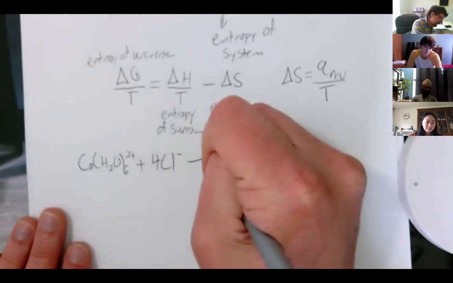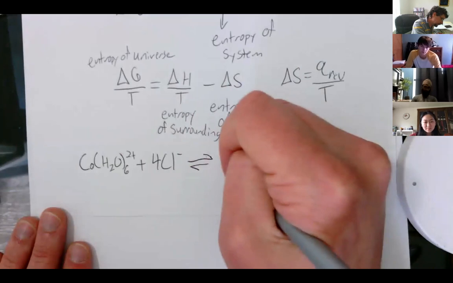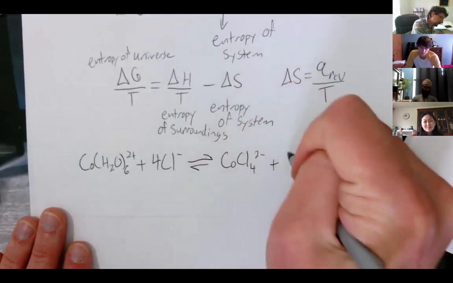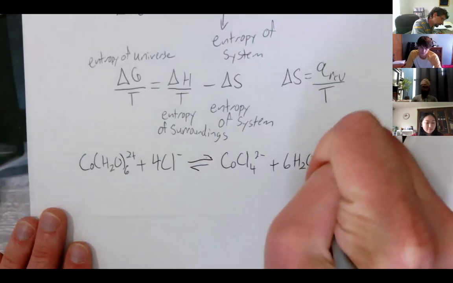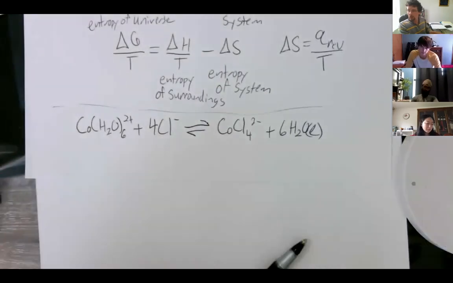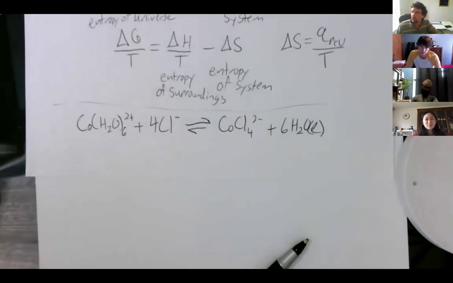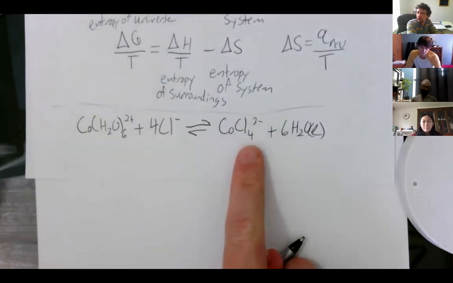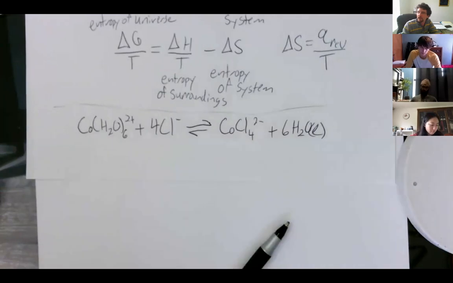So has anybody ever seen cobalt in solution? Does anybody know what color it is? Isn't it blue normally? With cobalt chloride, this side is kind of a blue. On this side, it's a pinkish color.